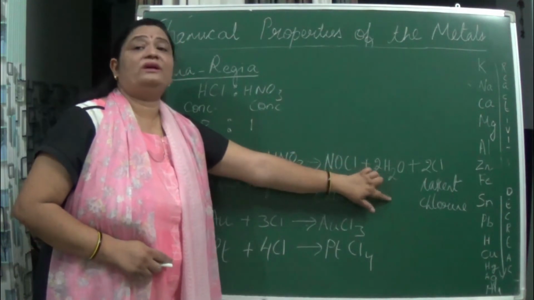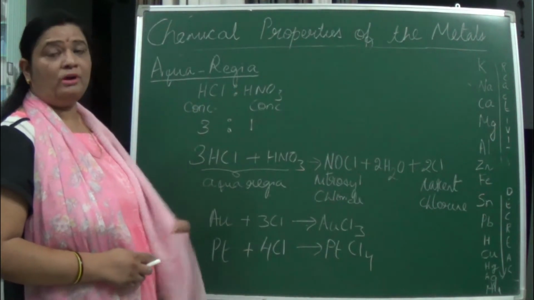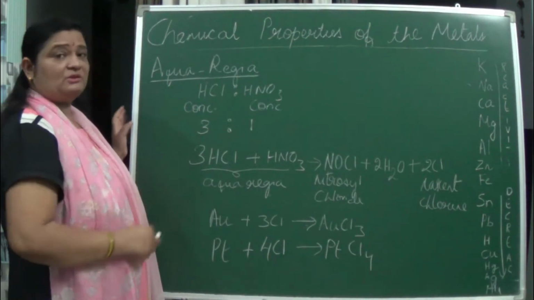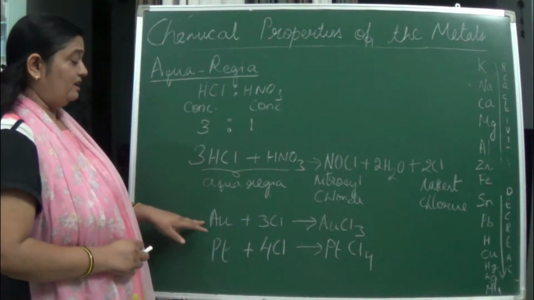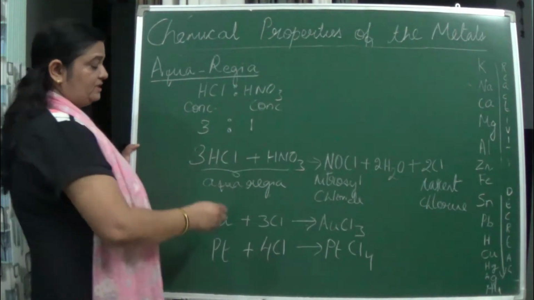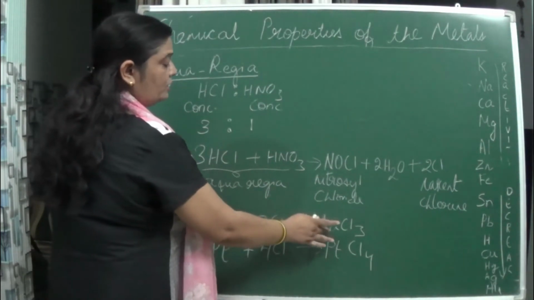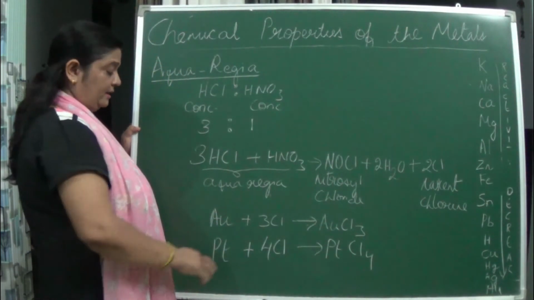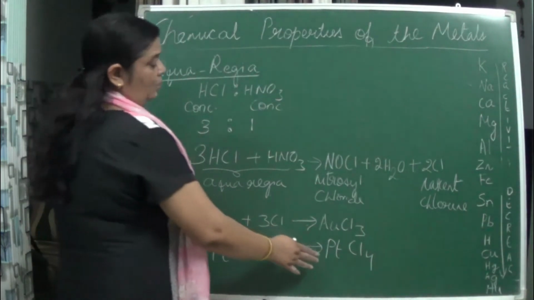This nascent chlorine is responsible for dissolving gold and platinum, and only with this nascent chlorine do gold and platinum react. Gold reacts with the chlorine to give gold chloride, and platinum reacts with chlorine to form platinum chloride.